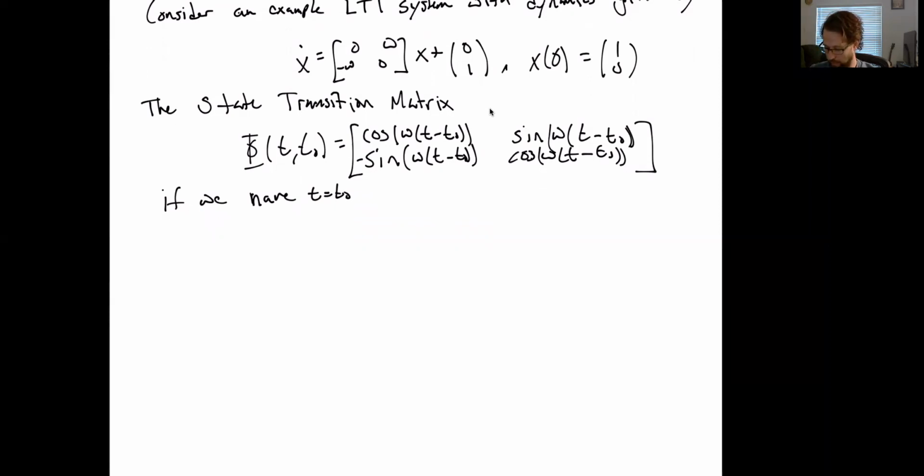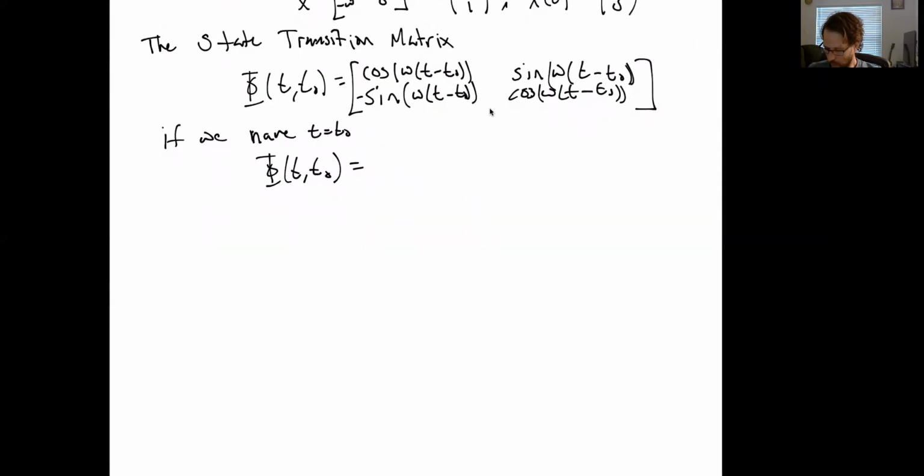The identity matrix, right? So let's check it. In the first element here, we get the cosine of 0, which is equal to 1. Sine of 0 is equal to 0. Minus sine of 0 is equal to 0. And again, cosine of 0 is equal to 1. So property 1 checks out.